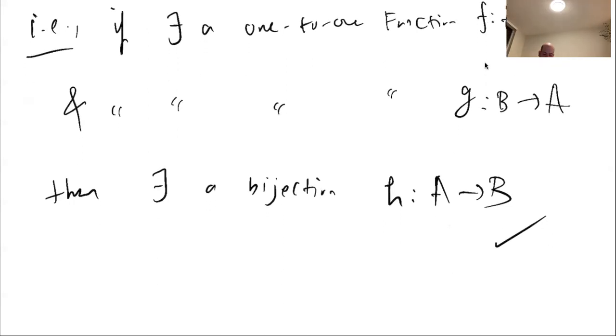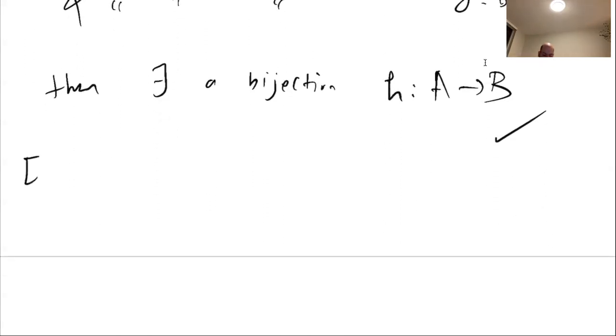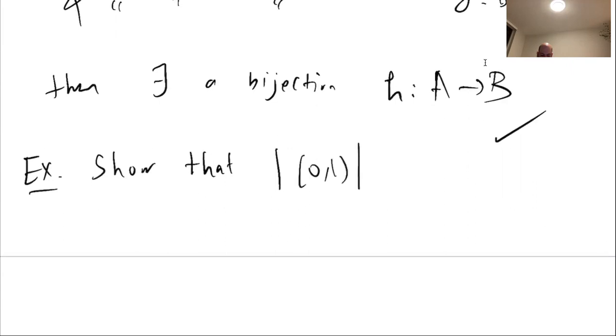Okay, so let's look at an example of this theorem. Example: show that the cardinality of the open interval 0 to 1 is equal to the cardinality of the half-open interval, open 0, closed 1.